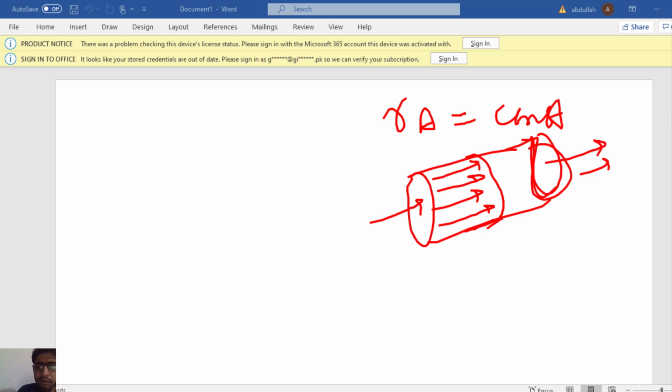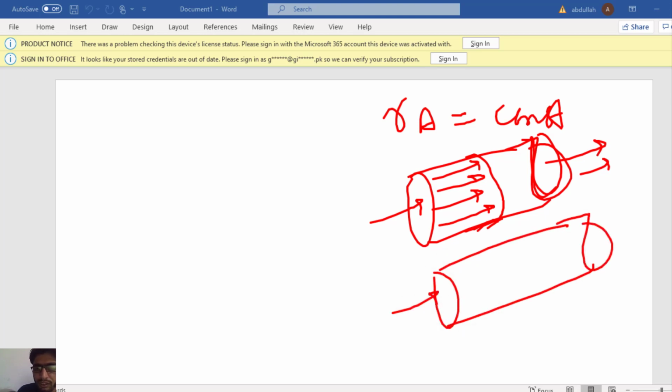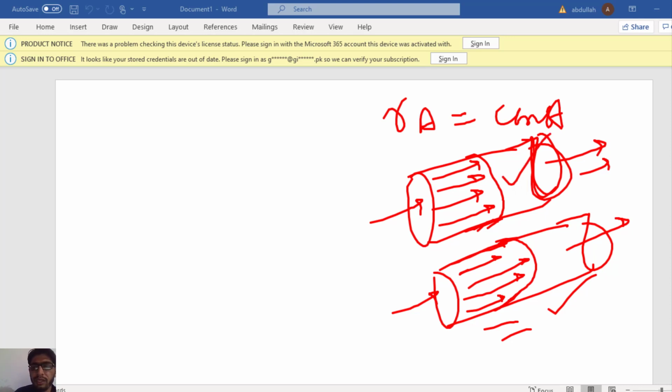There was no radial change in the velocity and no velocity boundary layer. In fluid mechanics, we know that a parabolic velocity profile is formed in the case of laminar flow, as we have already discussed.